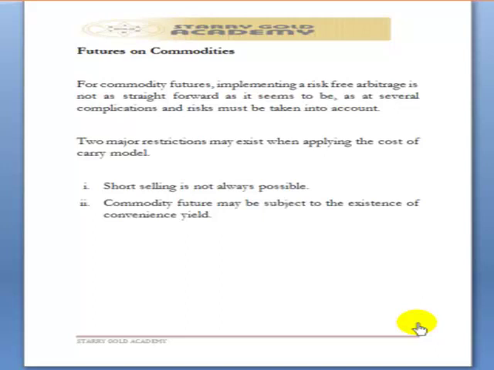In futures on commodity, you might not sell what you don't have, which is possible in financial assets, because selling what you don't have is what is known as short selling. And also we have something we call convenience yield. What is convenience yield? Convenience yield simply refers to the benefit from ownership of a particular physical commodity that is not obtained by the owner of the futures contract.